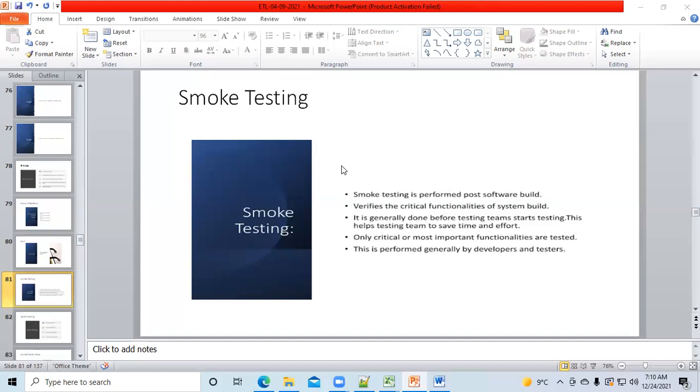What they are expecting from you is that you check whether the important, critical, very high level functionality is working or not, so that if there is any issue you return it to the developer, saying this is not working, please fix it, then I will start testing. Otherwise, if you start from the basic functionality and after 1 or 2 days you discover that the main functionality is not working, you have wasted 1 or 2 days of effort, because again you have to test the same functionality.